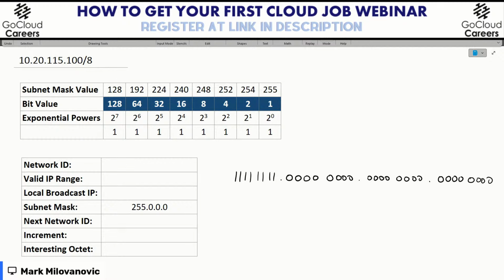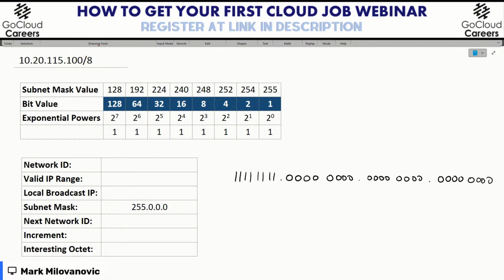So before we move on to trying to figure out some of the valid range and so forth, if I know what my subnet mask is, I know that it's consecutive ones, right? So I would normally take my 10 and convert it into binary, and then we would generally go through the whole process of the Boolean AND logic. One, is a 1 equaling a 1, yes or no?